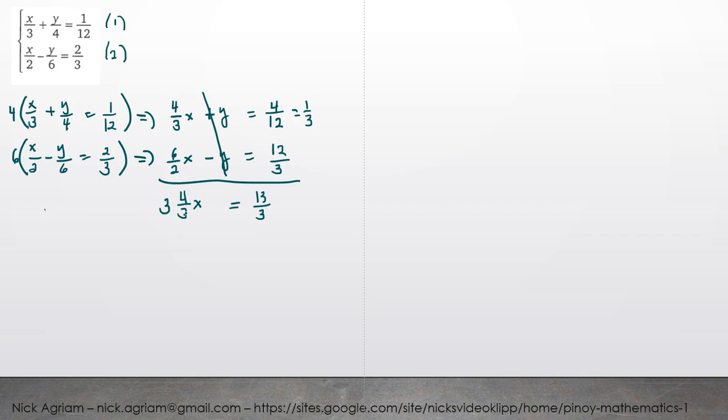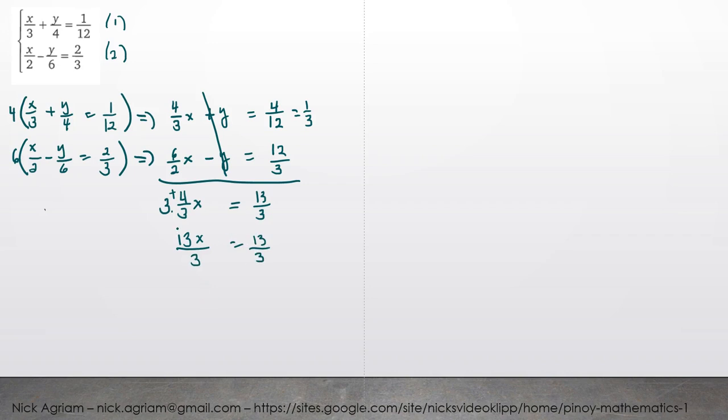Okay, if we express this in improper fraction, then we have 9 plus 4, that is 13. x divided by 3 is equal to 13 divided by 3.